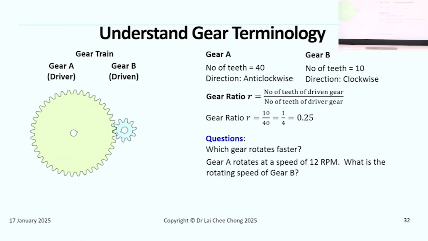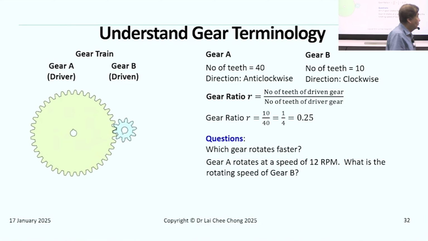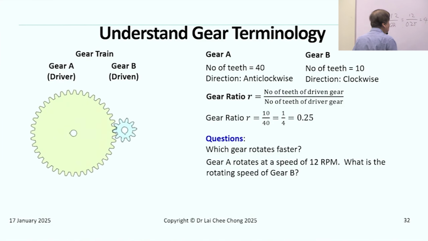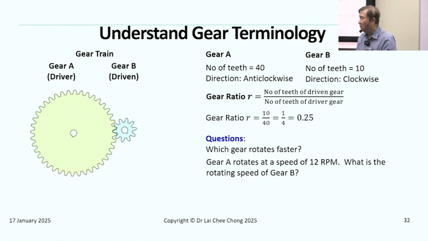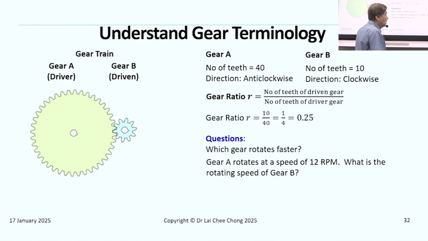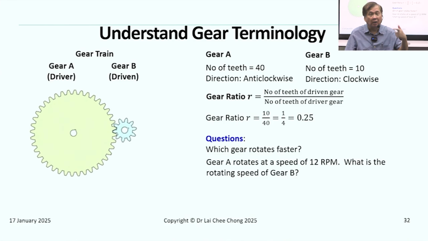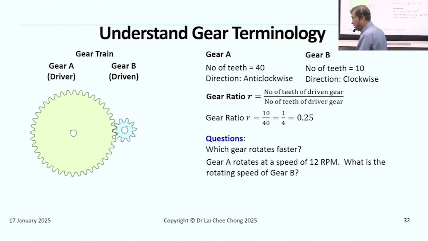Am I right? That's how you get... 48 rather, not 4. 4 times is 48. So that means the small gear rotates at a speed of 48 revolutions per minute, a lot faster. You follow me? So that's basically what it is.